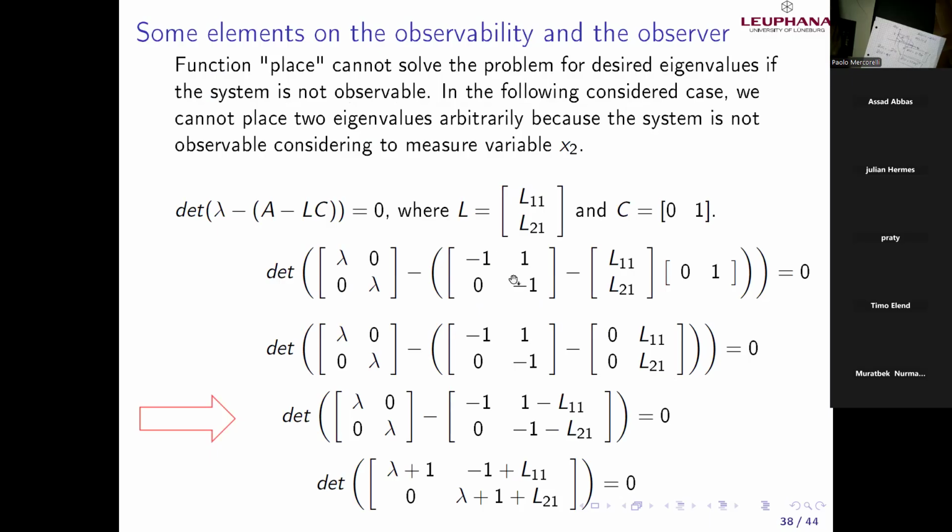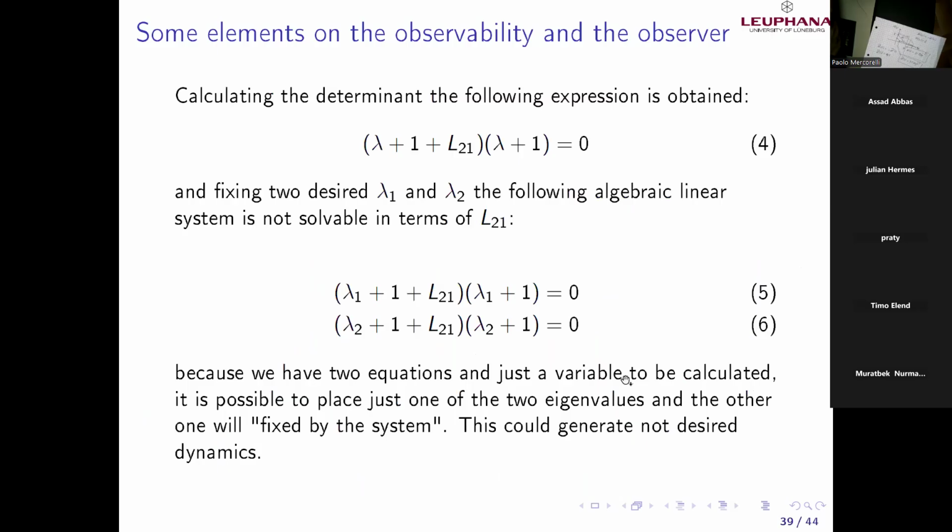For an engineer, it's clear to see that we have here two eigenvalues equal to -1. I can show you with MATLAB if you want. For the engineer, it's clear that the matrix A has two eigenvalues equal to -1.